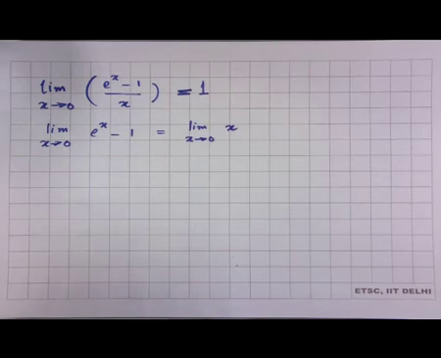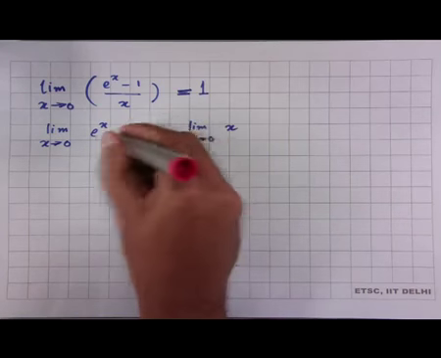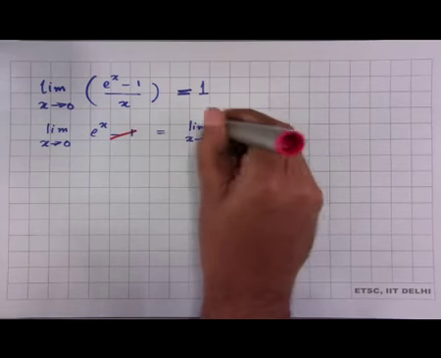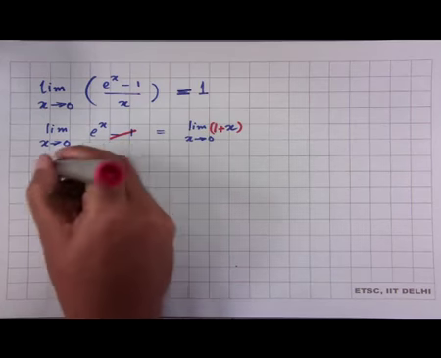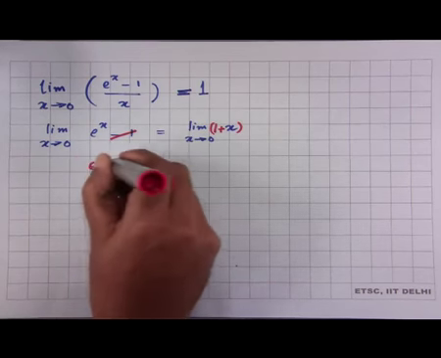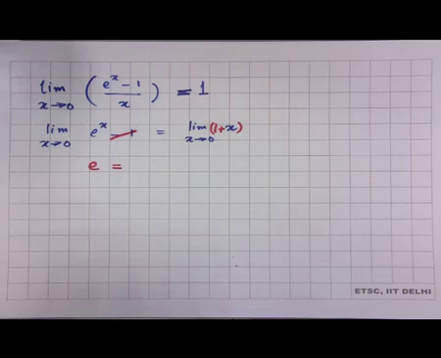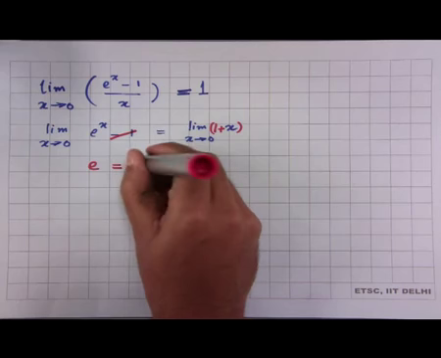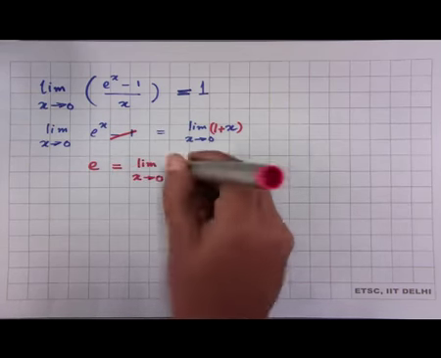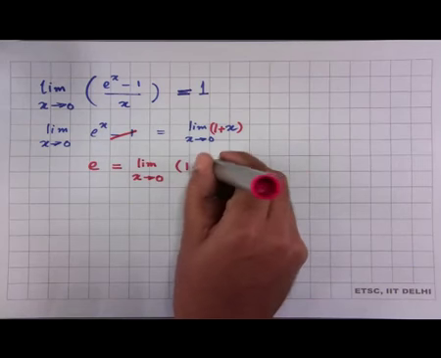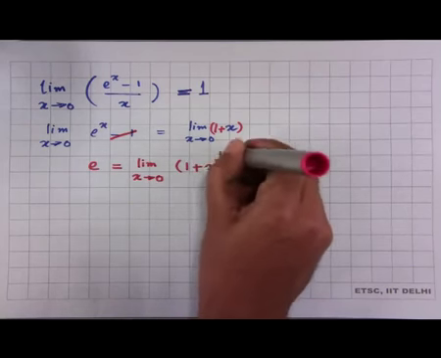Okay. Or in other words, you add 1 on both sides, and then you take the power 1 by x on both sides. Okay.